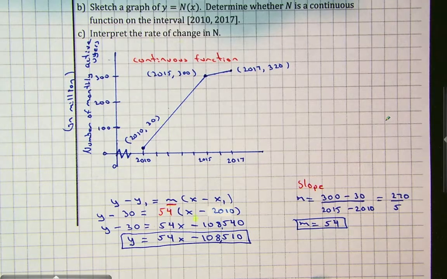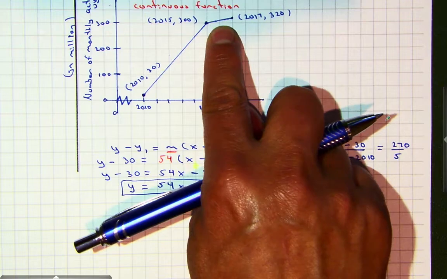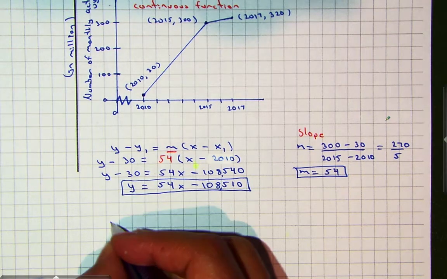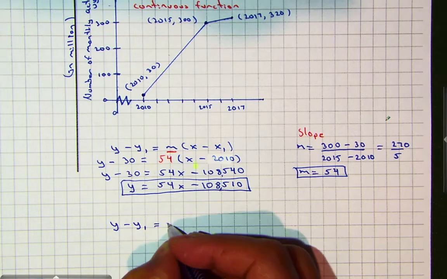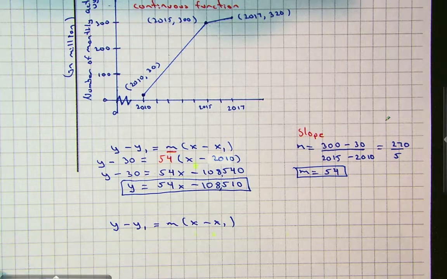Now do the same thing for your second piece and see what you get. You just find the equation of that line. Go and pause it. Excellent. So in this case we have y minus y1 equals m times x minus x1. We need to find the rate of change, my slope.